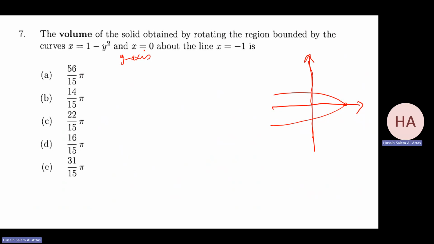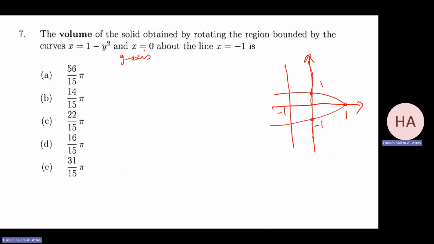About the line x equals minus 1. I have it about the line x equals minus 1. By the way, this is 1, and this is minus 1. About the line x equals minus 1, which is this line.